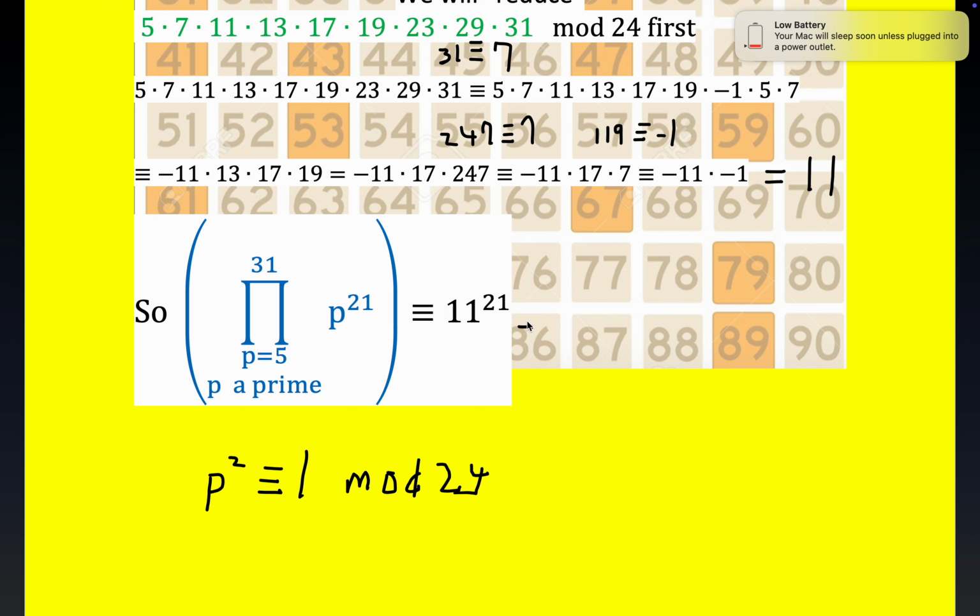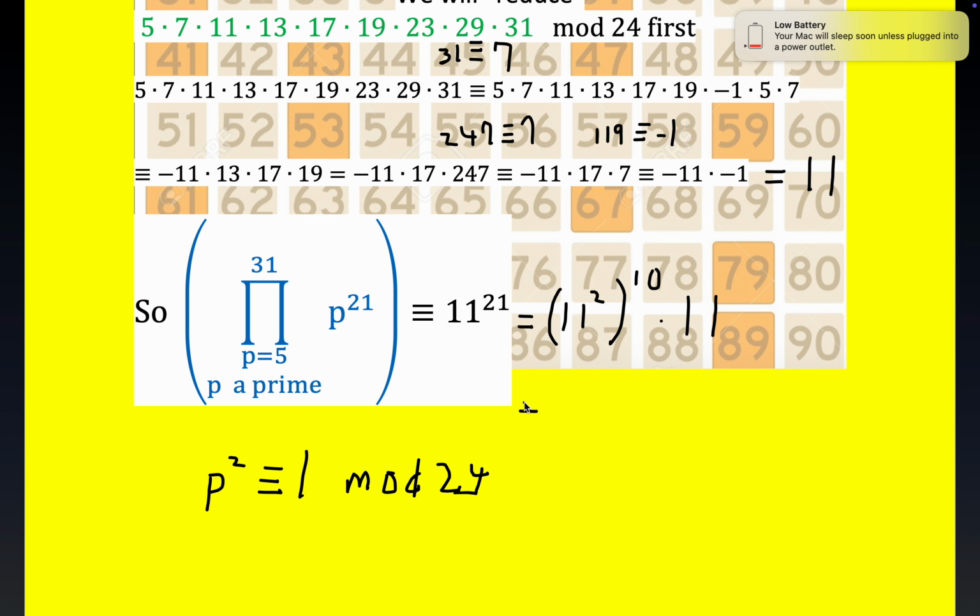So we can rewrite this as 11. 11 is a prime number. Okay, so we can write this as 11 squared raised to the 10th power times 11. And you can see the utility of that, folks. We're taking advantage of the fact that p squared is congruent to 1.